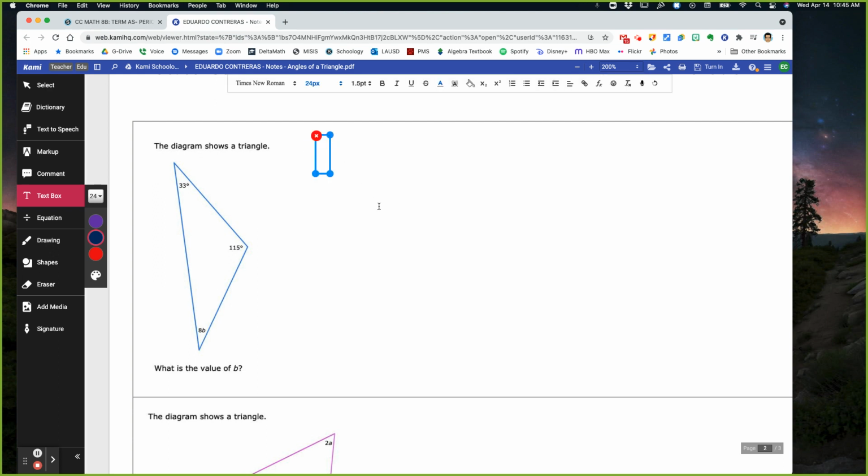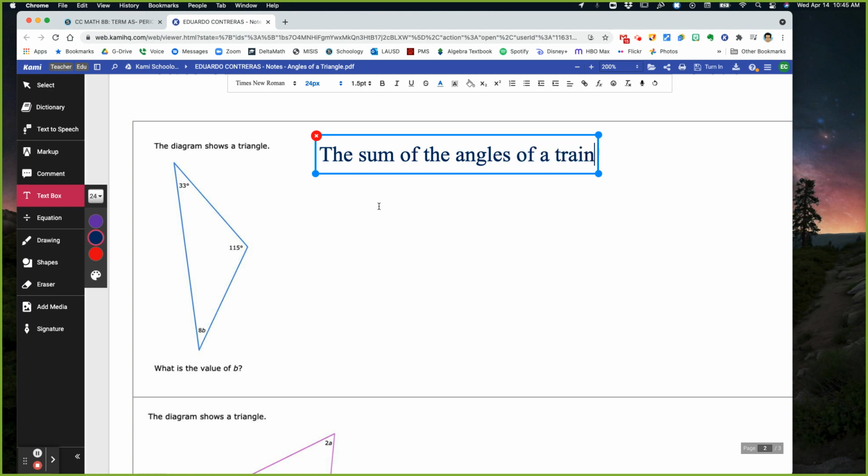So let me type that up. Sum of the angles of a triangle is 180 degrees.